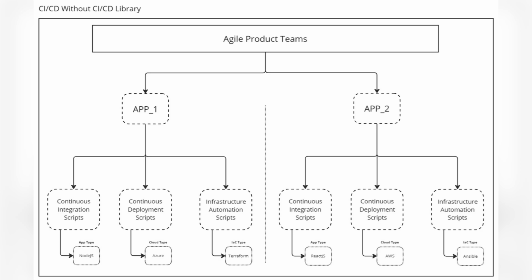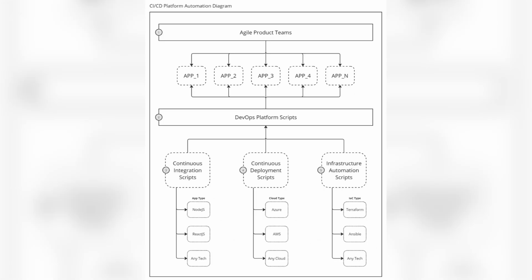Okay, now let's take a look at our CI/CD library approach. In this approach, the development team can take advantage of DevOps platform scripts or the CI/CD library framework to build their CI/CD pipeline. Teams can configure CI/CD in a matter of a few minutes.